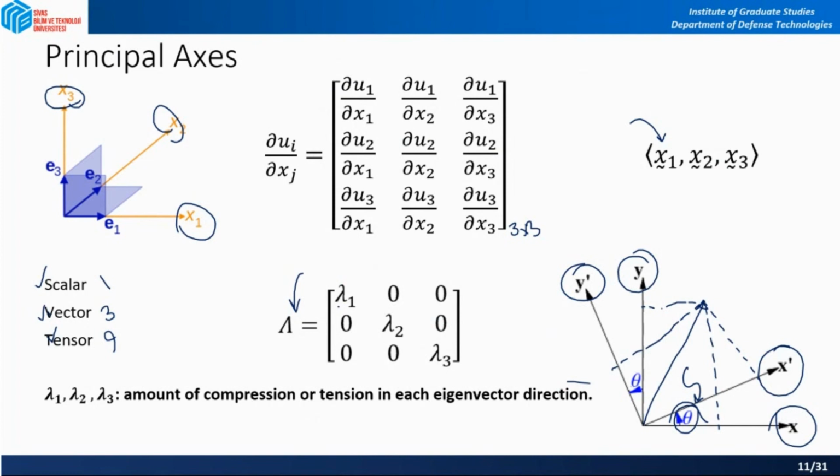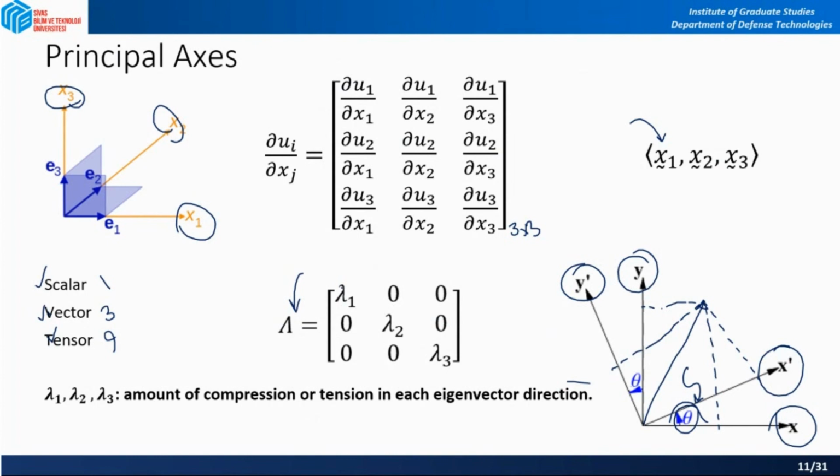You remember it from your solid mechanics back in your undergrads. You were rotating forces or stresses onto their principal axis, so you might be aware of these things. In this new coordinate system, there is no shear.